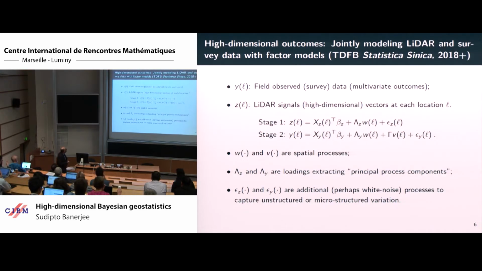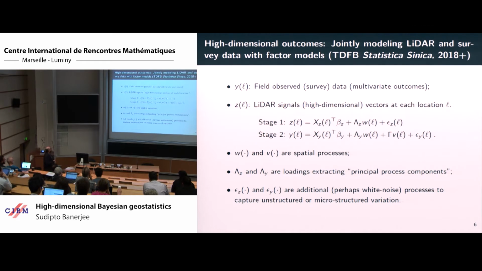If you want to really look at LiDAR data and so on, the modeling becomes more complicated. For example, there could be the field observations, and especially the LiDAR signals, which themselves could be high-dimensional signals or vectors. So now you stick in a spatial factor model with loading matrices that do some kind of dimension reduction by weighting the processes or projecting them onto lower-dimensional subspaces.